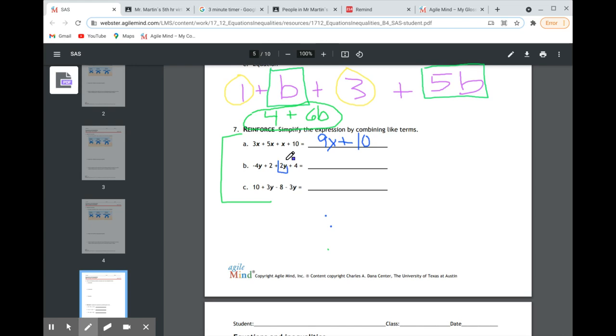So we got 2y and negative 4y. If I have 2y and I take away 4y, how many y's do I have? It won't be a positive number. How many would we have, if you had 2 y's and you take away 4?